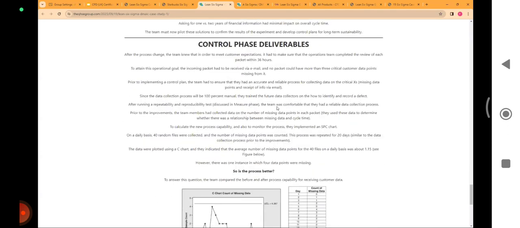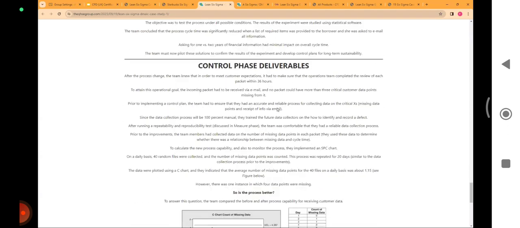And indeed, these improvement actions worked, because they now average 1.5 missing points on this blank paper here. It was recorded on this C chart to count missing data, and also on this table right here. But as you can see, on day number 6, there was a file with 4 missing data points.